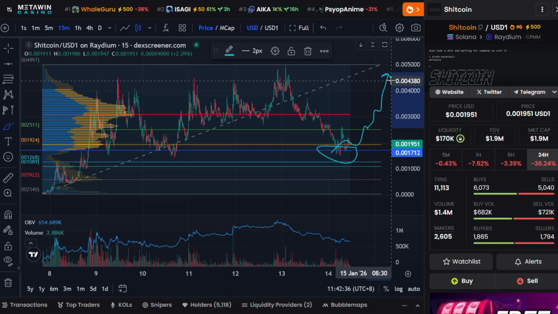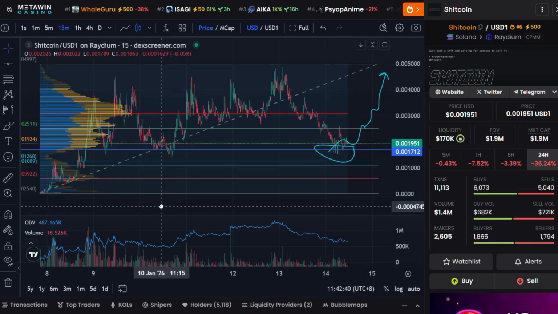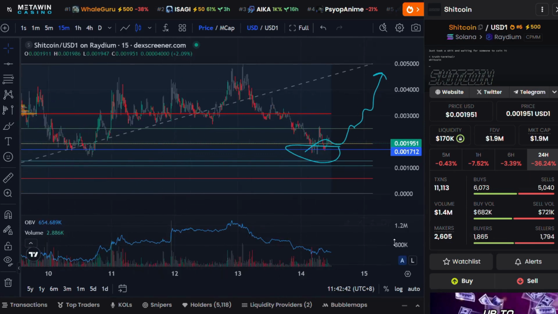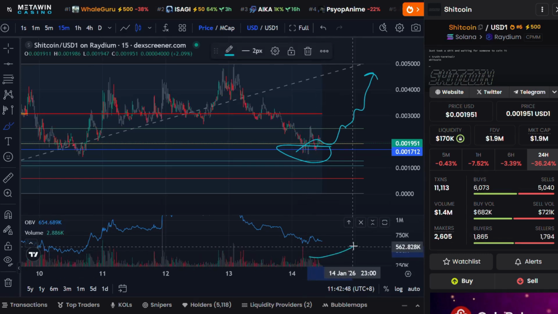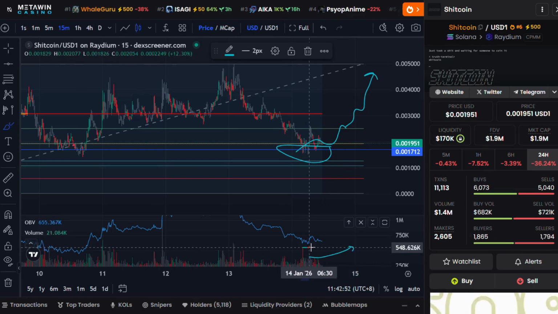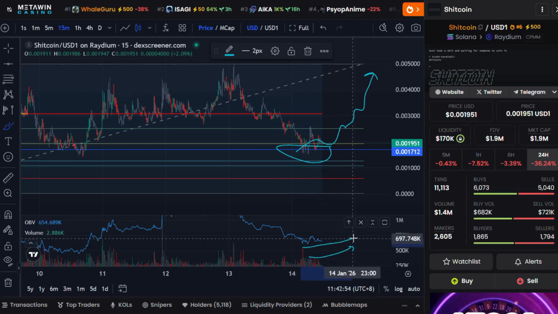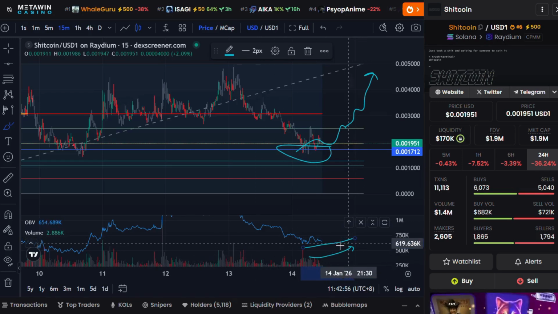In addition to this, I want to see an expansion in volume on the volume histogram, and I also want to see the on-balance volume, the OBV, start trending higher and making higher lows. This would indicate that real accumulation is taking place rather than just a technical bounce.